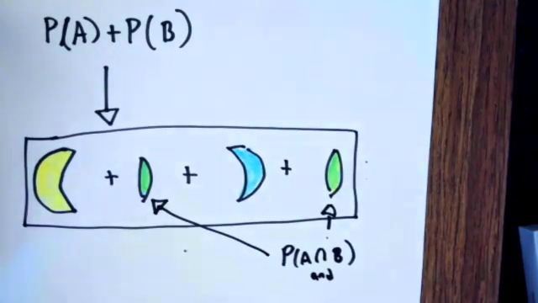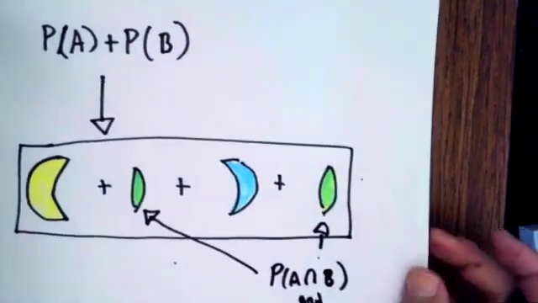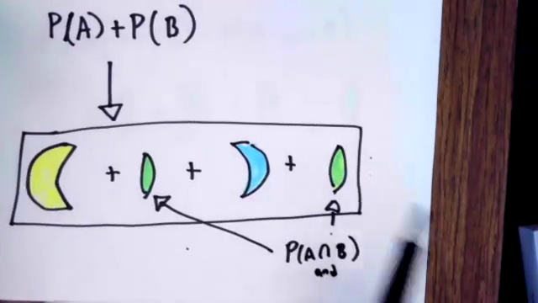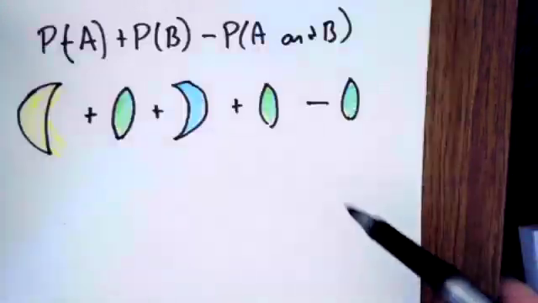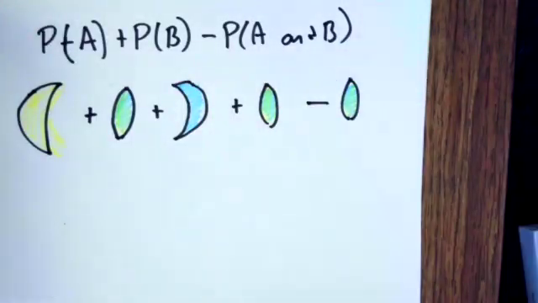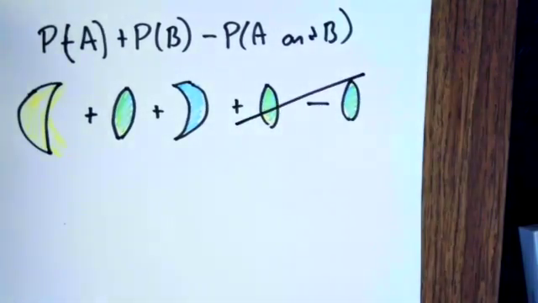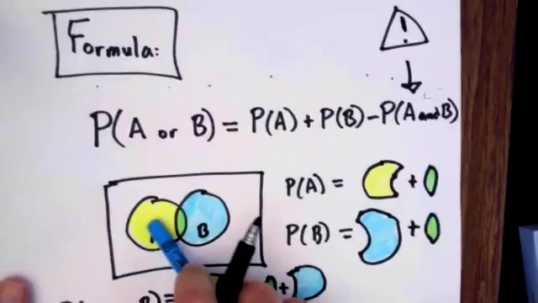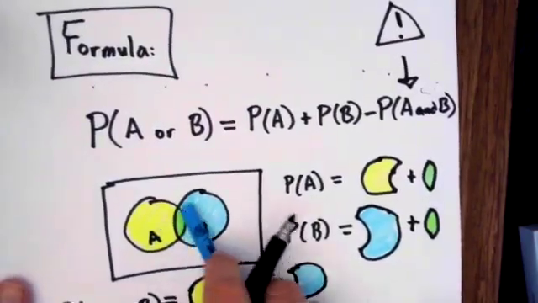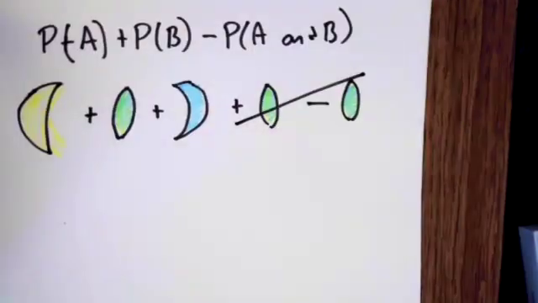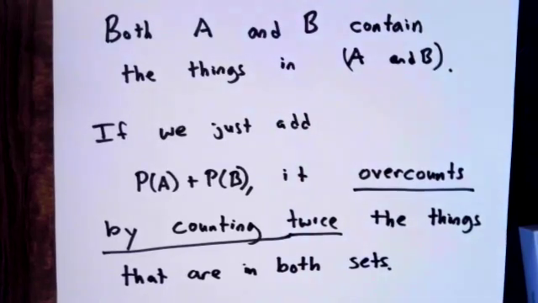So by subtracting off the probability of A and B, if I take this picture I had before and subtract off the extra A and B so that they cancel out, what I'm left with is what I wanted, which was the probability of this A or B, A union B, put together. So in words, we could try to explain it this way.